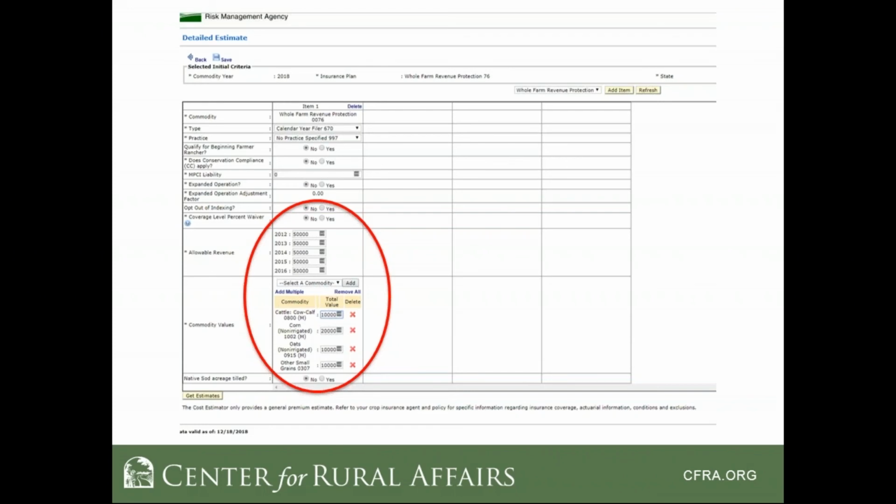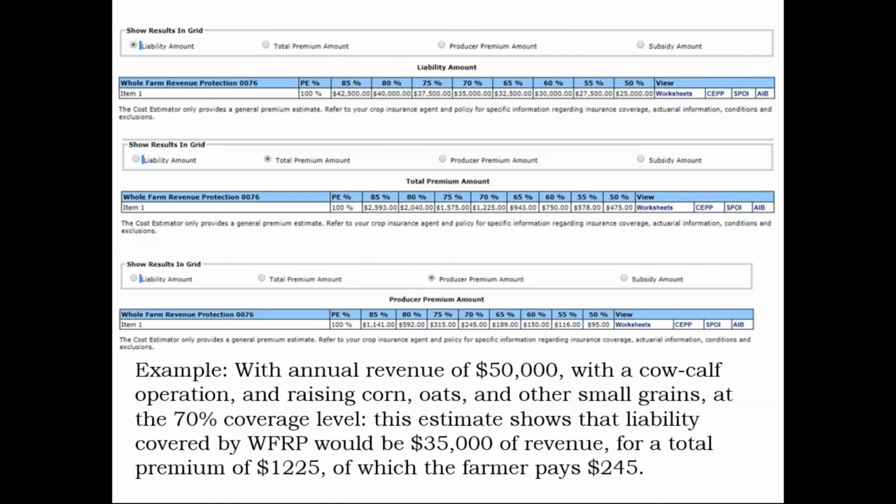I put all of these parameters into the cost estimator tool, and it shared several really useful numbers. First, a liability amount: how much of that expected $50,000 in revenue for next year could I cover, how much the total insurance premium would be, and how much of that premium I would be responsible for. I won't read every number to you.